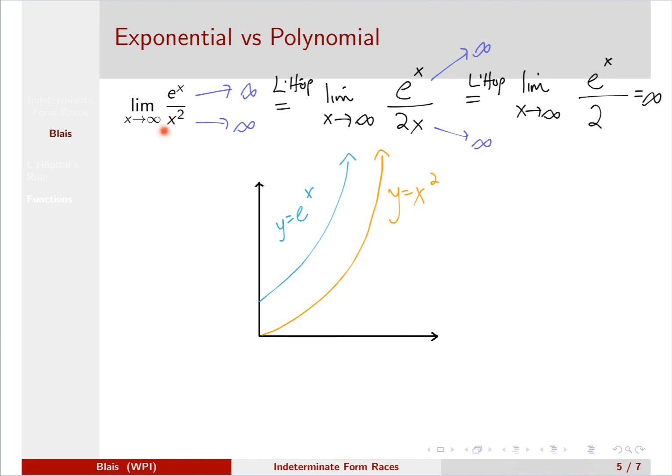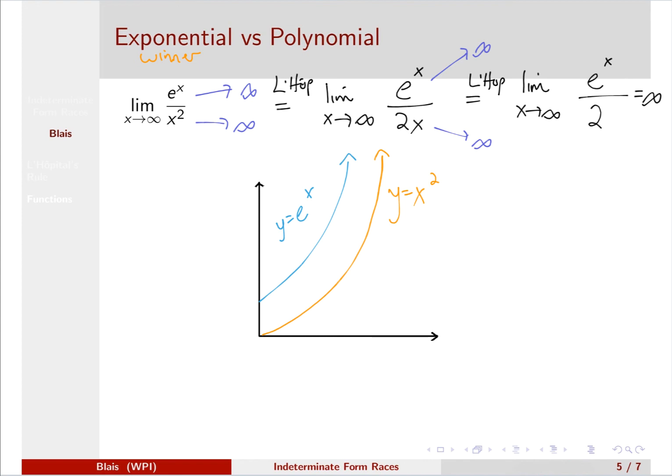And you can see it wouldn't matter what degree this polynomial is. If it was a cubic polynomial, you would just have another round of L'Hopital's rule. If it was to the 100th degree, you'd have 100 rounds of L'Hopital's rule and still get that the exponential wins. The exponential is dramatically outpacing the polynomial. So the exponential is our winner.